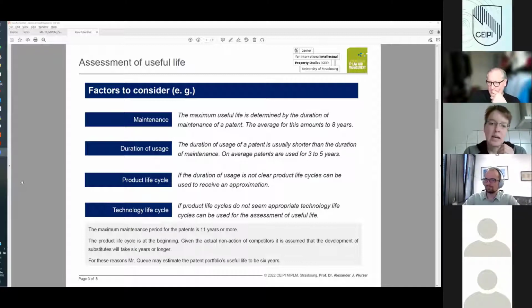So the time the competitors need to develop around is the time we thought is good for our patent portfolio's useful life. So this should also be 6 years. This is a time where we can block the competitors so they can't just copy our ideas.